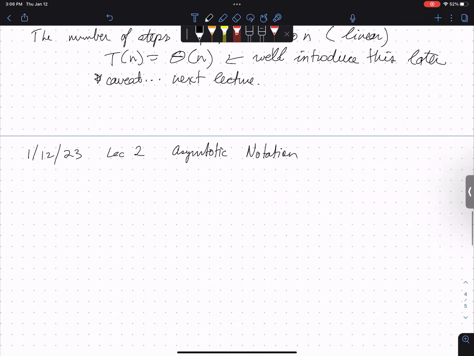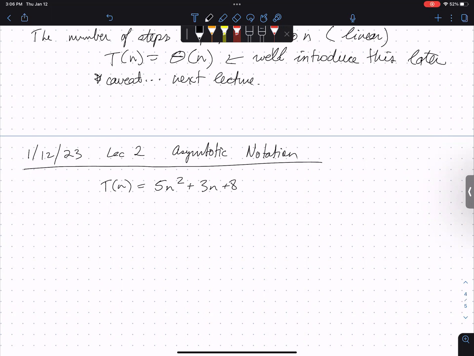So, when we talk about running time, we could try to write out that the number of steps taken by the algorithm is something like this, giving a lot of detail. And I think we touched upon last time what the problem is with doing this. So one of the things is hardware changes, the number of actual steps changes.